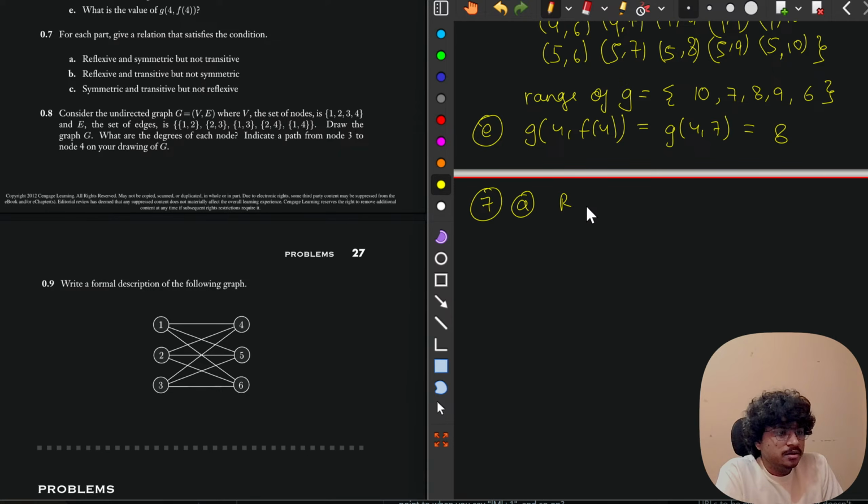It should be reflexive and symmetric, but not transitive. I don't know if that statement is even correct, which I wrote here. Reflexive means it should contain all the similar elements like a, comma a.